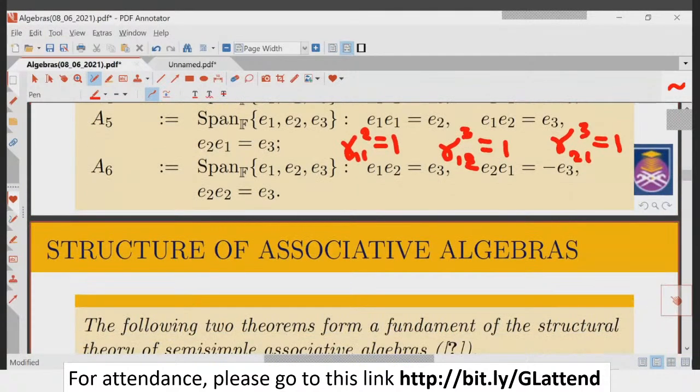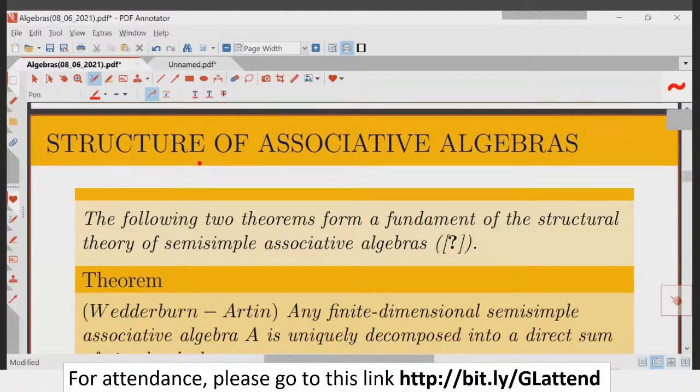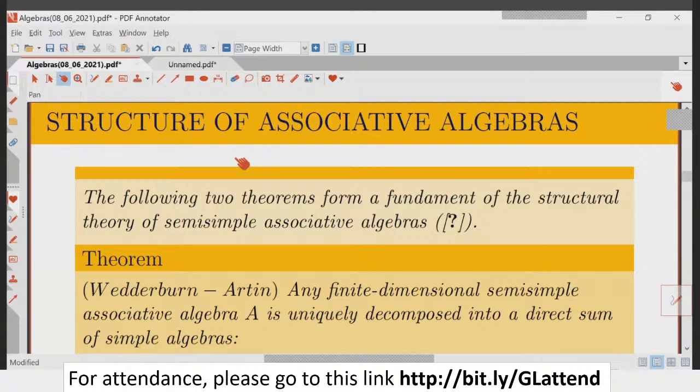Okay, now if you remember, our main problem is how to get associative algebras. Associative algebras we can classify up to isomorphism.